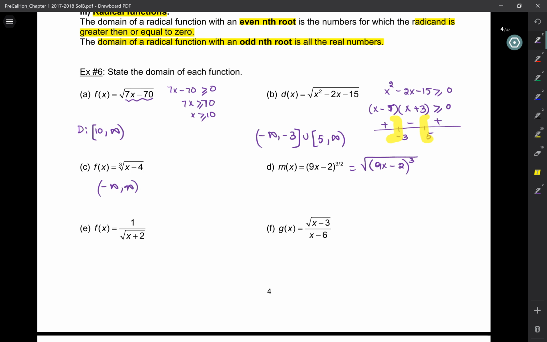Let's work with a smaller number. What if x is 0? Then here you get -2 cubed, which is -8. And then it's the square root of -8. That doesn't work. So I still have to make 9x minus 2 greater than or equal to 0. So x is greater than or equal to 2/9. So my domain is 2/9 to infinity.